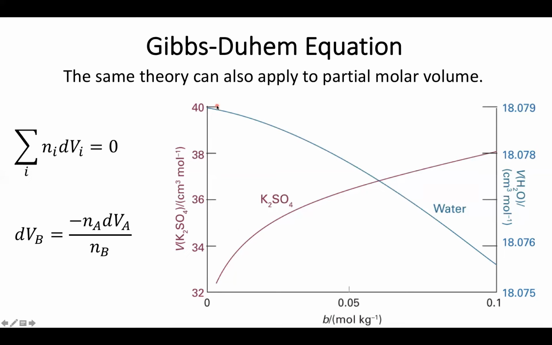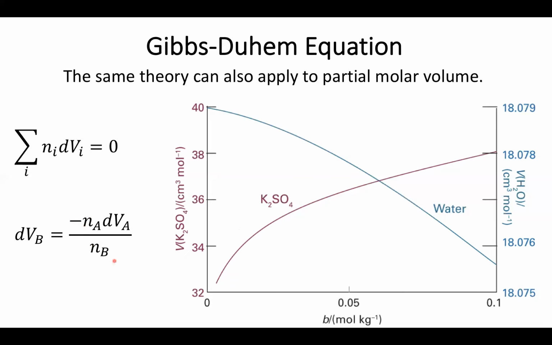If I have 18 waters that decrease a little, I'm going to have one potassium sulfate that increases a lot. Again, this really illustrates the importance of the molar ratio in that prefactor term.